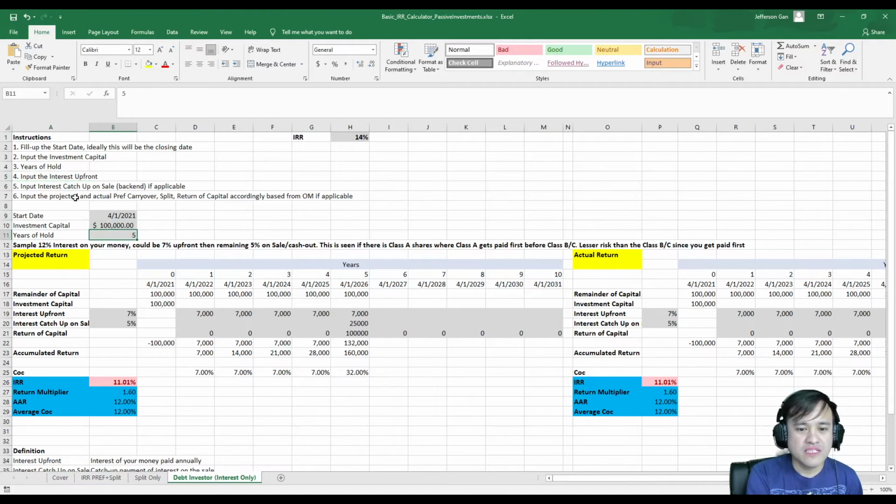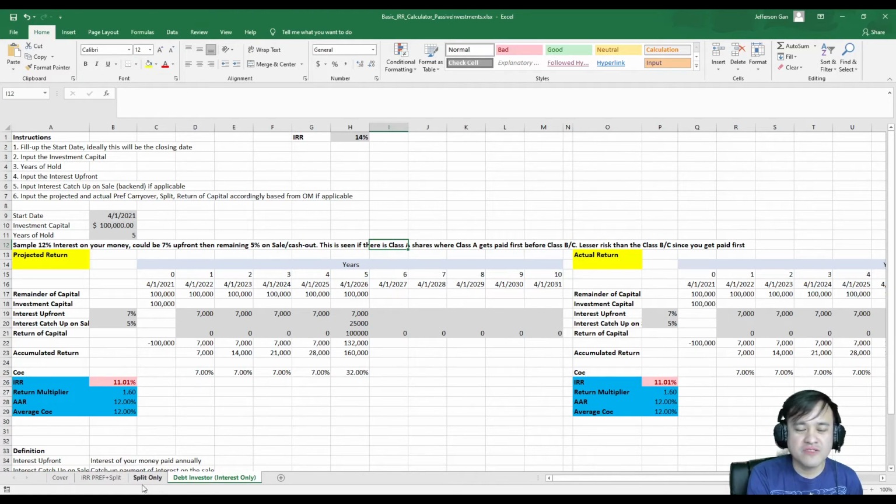So the debt investor, as I mentioned here, is kind of like class A shares, where the debt investor gets paid first before class B or C shares. So they have lesser exposure than the class B and C because they get paid first. The B and C will either have the pref split or a split only.